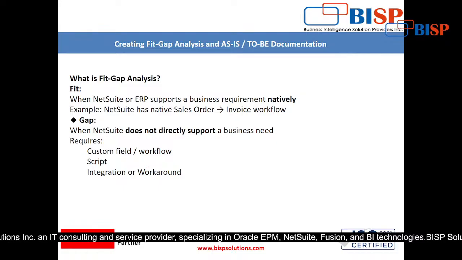And a gap means when NetSuite does not directly support a business need, and requires a custom field, workflow, script, integration or workaround. Now what is this? For example, a few minutes back I gave you one example, where the client does not have the approval procedure in their native or legacy system. And normally NetSuite also has no default facility for approval routing.